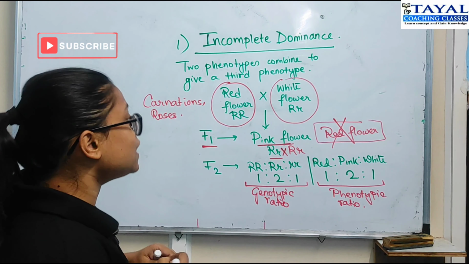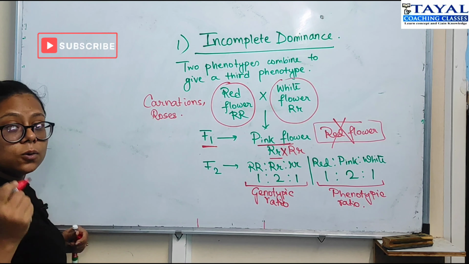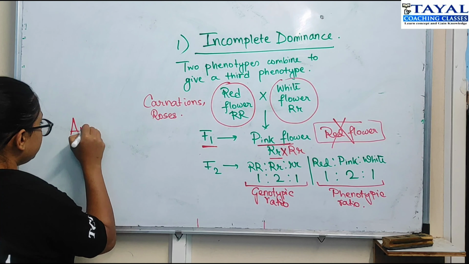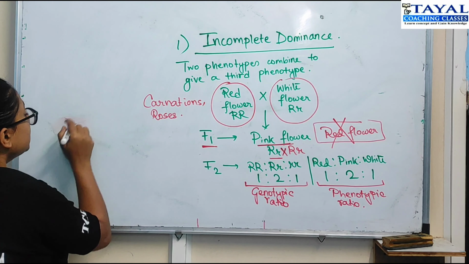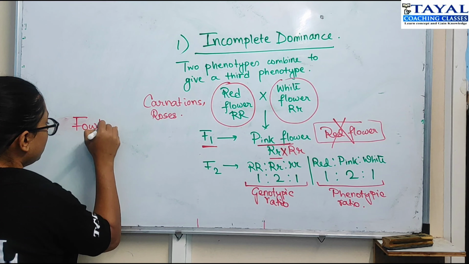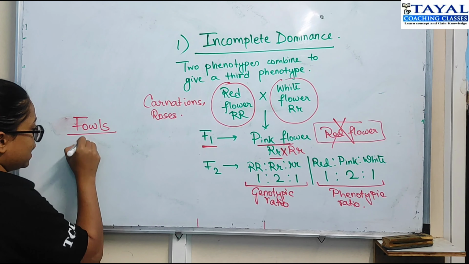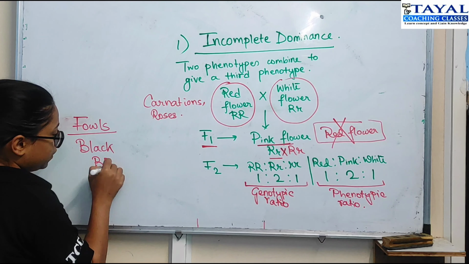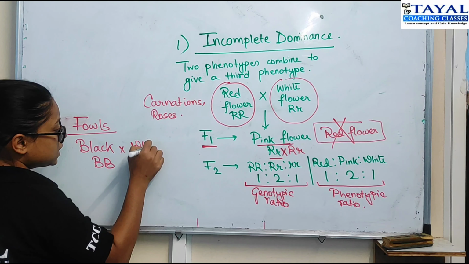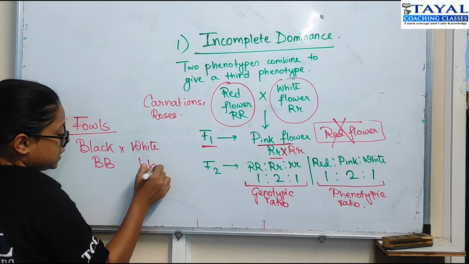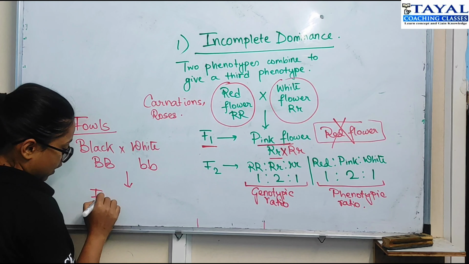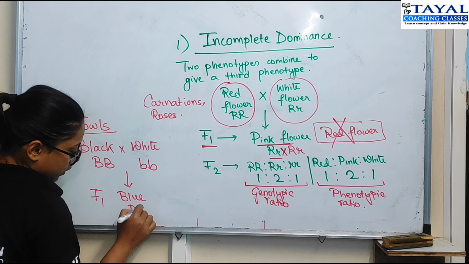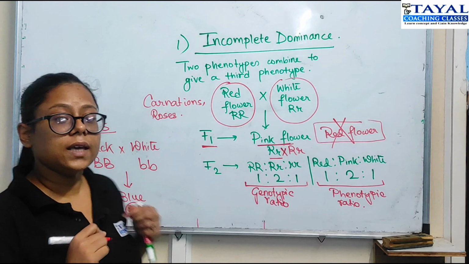Another very interesting example of this particular character is the Spanish fowls. Okay, these fowls, they are either black, which is capital B, or white, which is small b, but in the F1 they give a blue beautiful fowl with a capital B character.